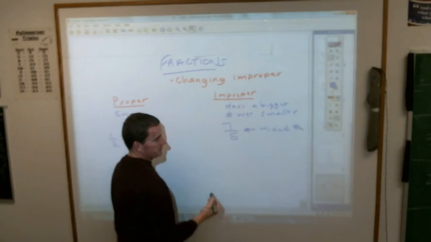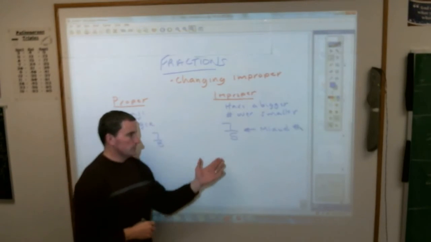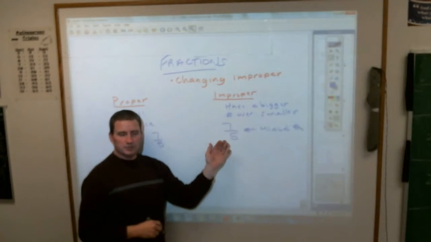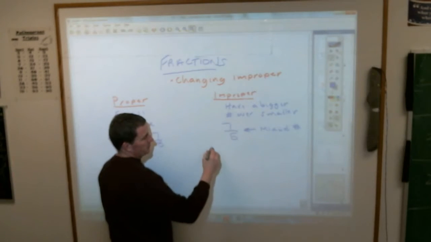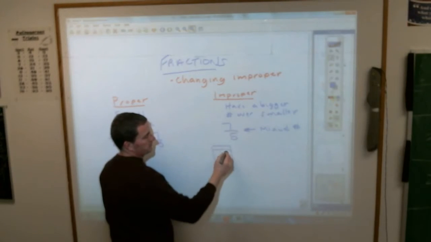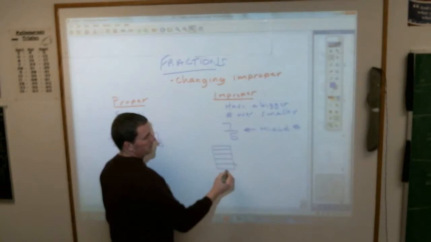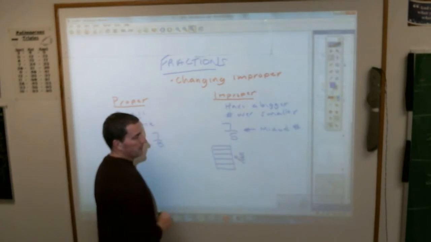Now, if we think about this with 7/5, basically what you're saying is you cut something into 5 pieces and you have 7 of those fifths. In other words, let me do it as a rectangle. If I cut a rectangle into fifths, 5/5 make up that rectangle.